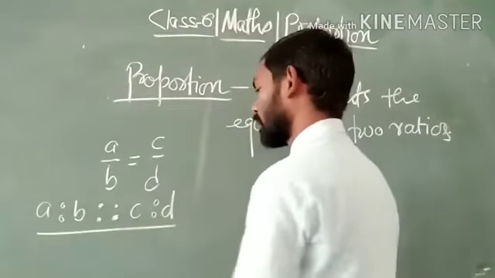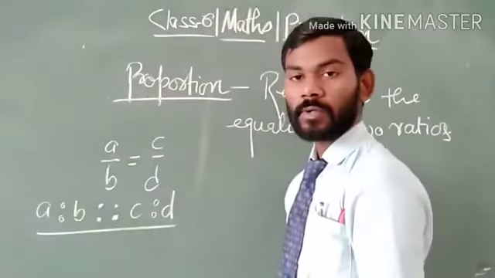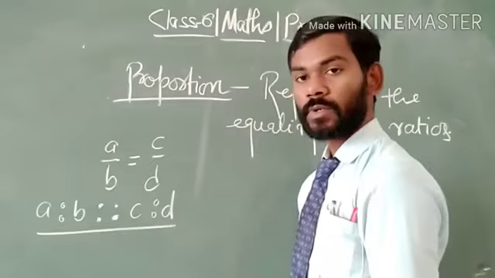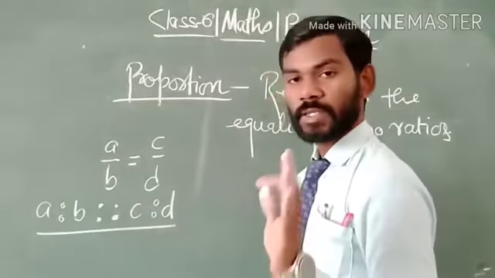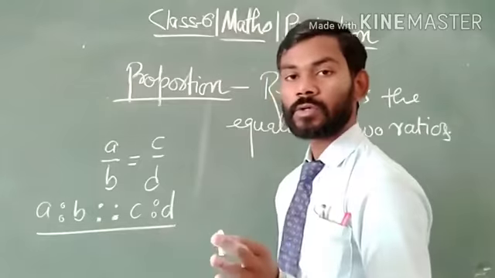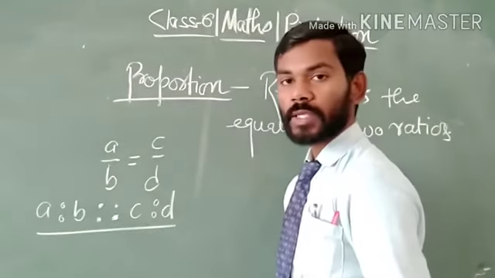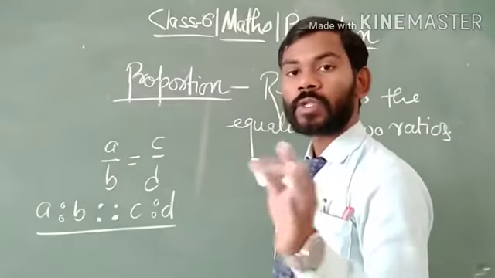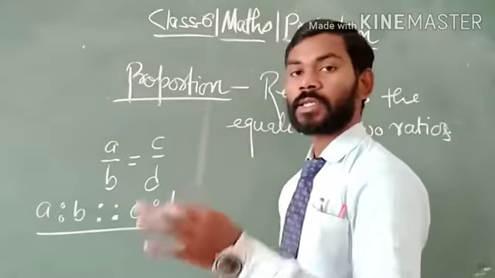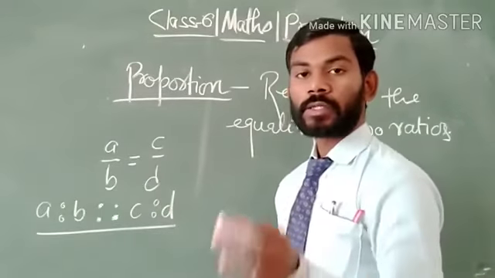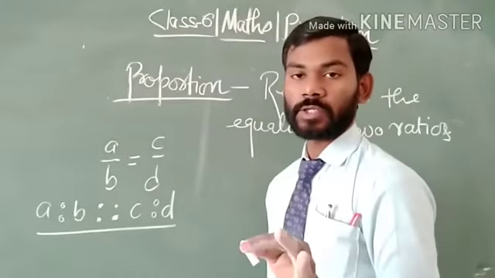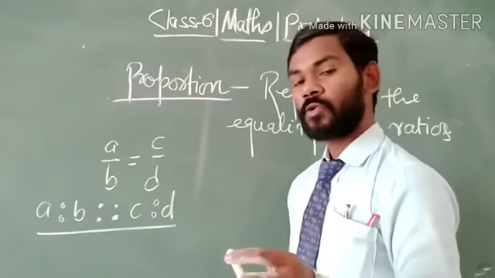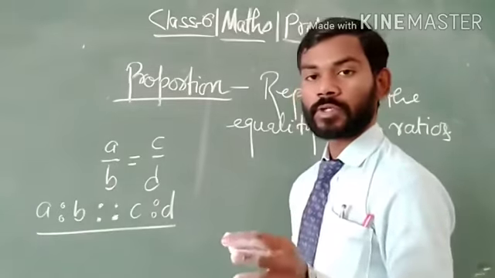Then here the ratio A:B is proportional to the ratio C:D. Since both ratios should be equal, if we operate on one ratio with any number, then we have to operate on the other ratio with the same operation, which keeps both ratios equal and in proportion.